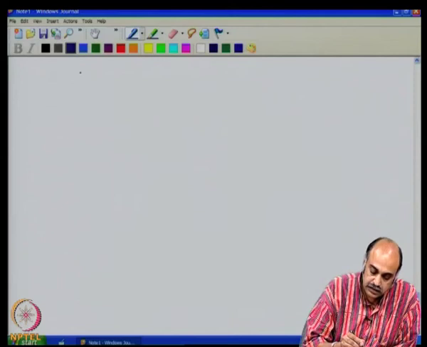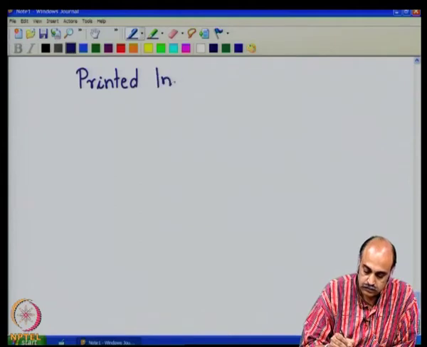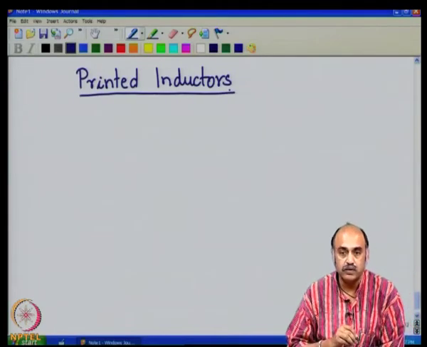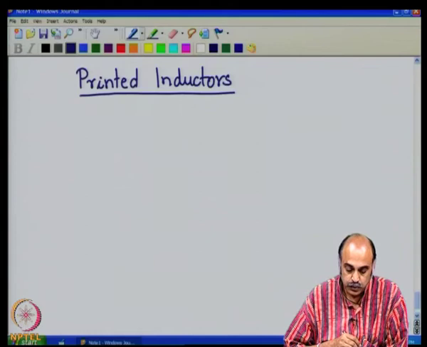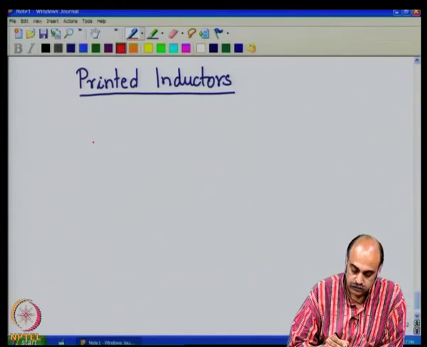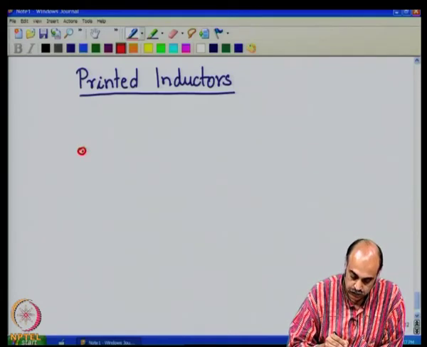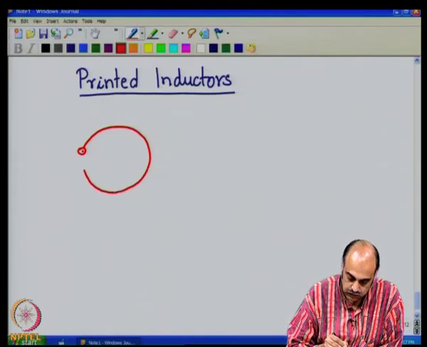Just like the capacitance, you could also have printed inductors. Printed inductors are also quite common. You could use a few topologies. You have a pad here, and then you have a circle, another pad.